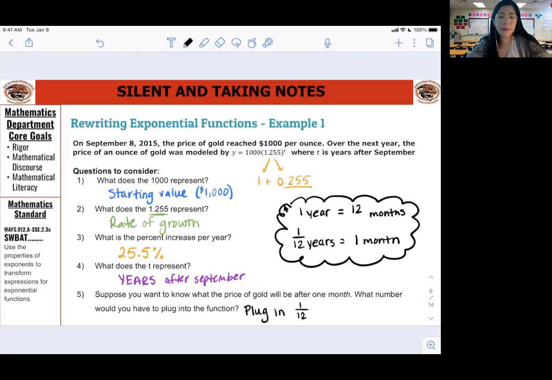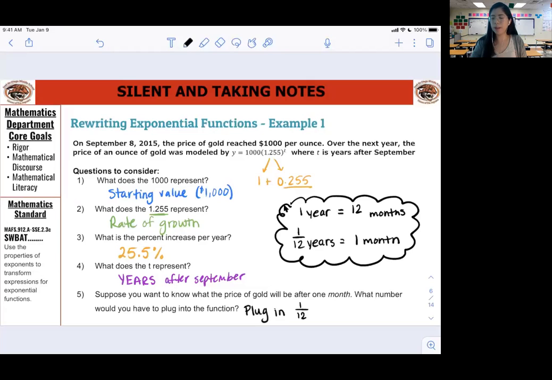Kind of weird to think about it. Does anybody want me to explain it a different way? Okay. Cool. Okay, so this is where it kind of gets interesting, because if you're trying to plug in a fraction like this, the function's a little bit harder to work with, right?